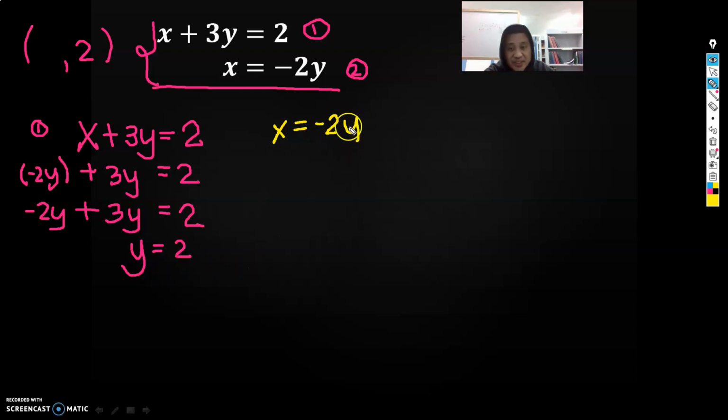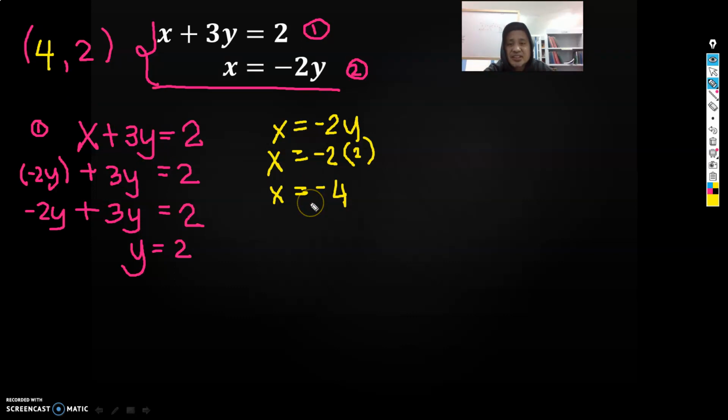Sabi dito, y is equals to 2. X is equals to negative 2 times 2. So, x equals negative 2 times 2 is negative 4. So, the value of x is negative 4.